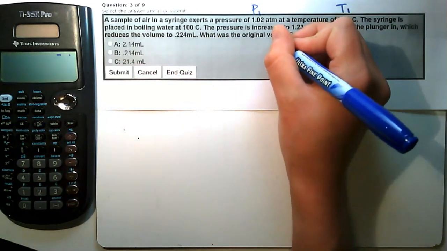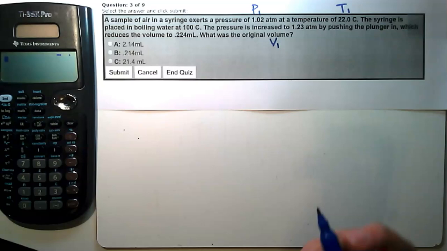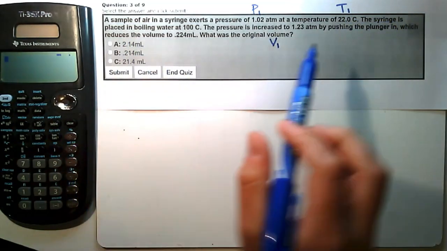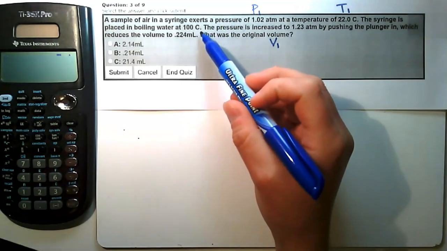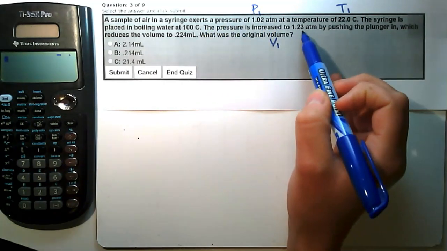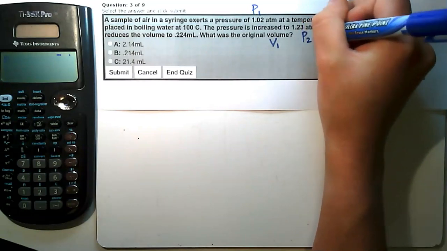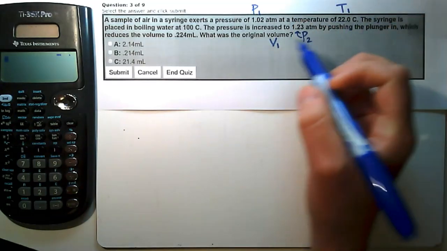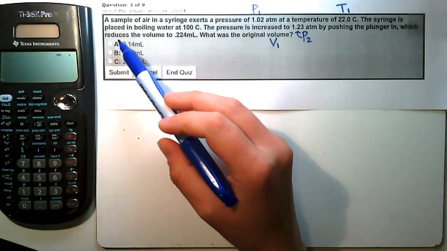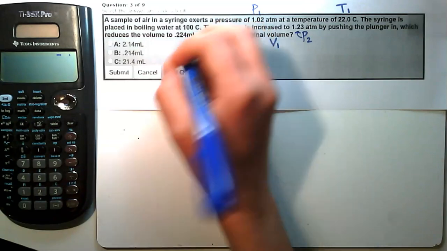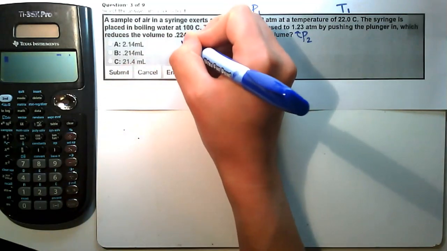Okay, so the problem is asking us for our V1 value. So we have some other pieces of information that we need to work through. First of all, the pressure is increased to 1.23 atm, so that must be our second pressure, our P2 value. And reduces the volume to 0.224 milliliters, so that must be our second volume, our V2 value.